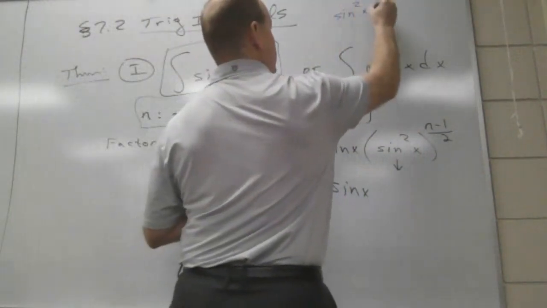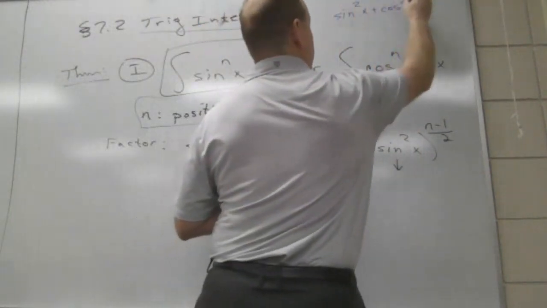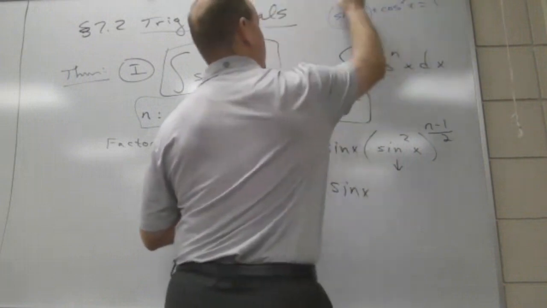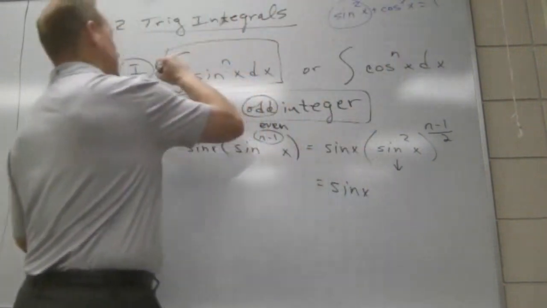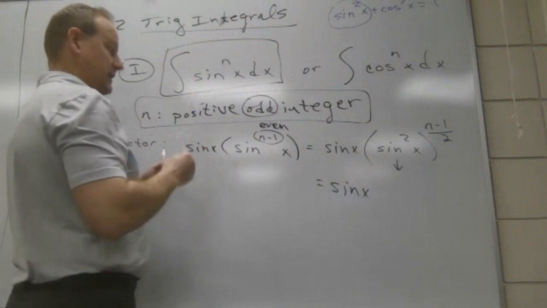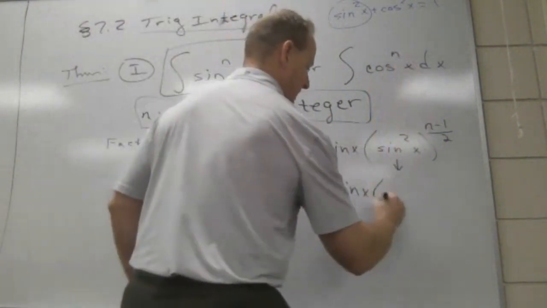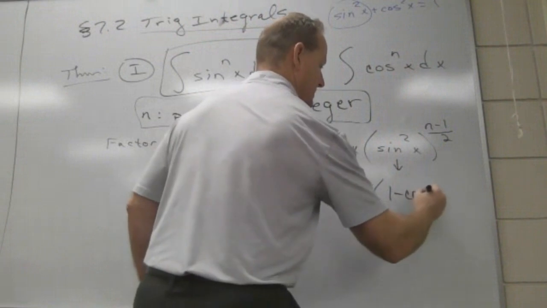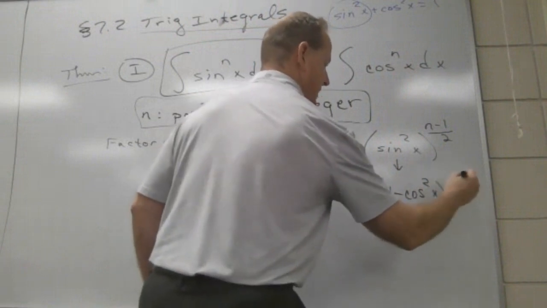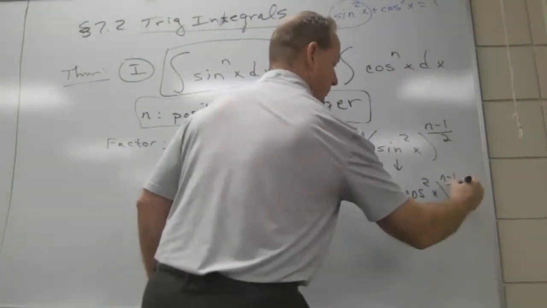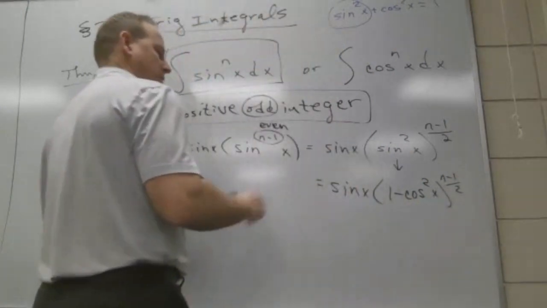Sine squared x plus cosine squared x equals 1. So if I solve that for sine squared x, it's 1 minus cosine squared x. So I'm going to rewrite this as 1 minus cosine squared x to the n minus 1 over 2 power.